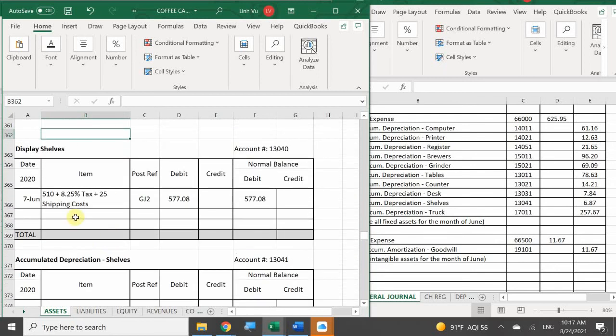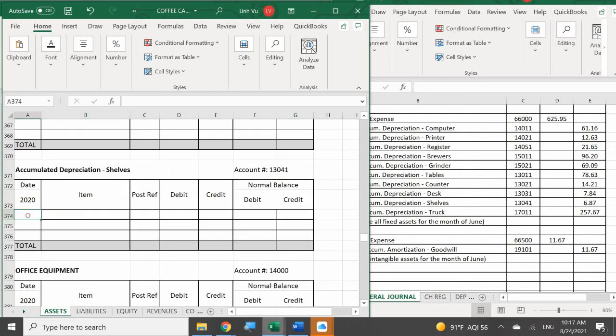So display shelves, which we have as an adjustment entry. General Journal 23, which we have to be $6.87.